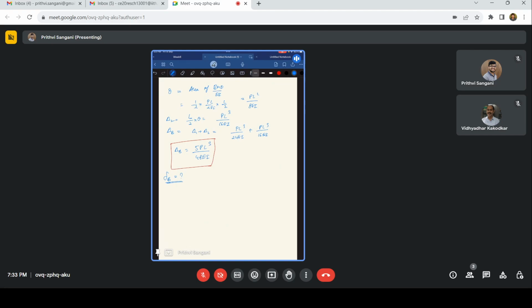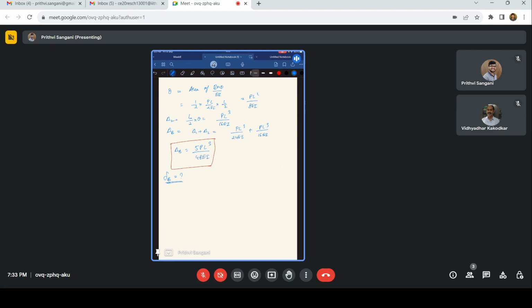First is the main beam, so let me call this beam 1, this is 2, this is 3. Now for 1, we have a cantilever beam with the UDL.